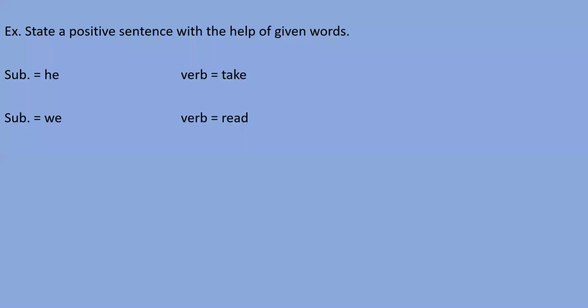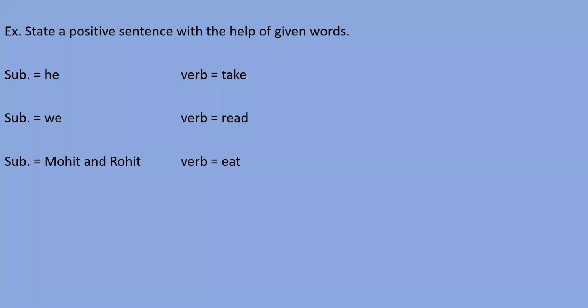Yes, sir. Next is Mohit and Rohit, and eat is the verb you have to use. Mohit and Rohit is the subject, and eat is the verb. Say one sentence with the help of Mohit and Rohit and eat. Kanishka, come please. Good morning, sir. Very good morning.